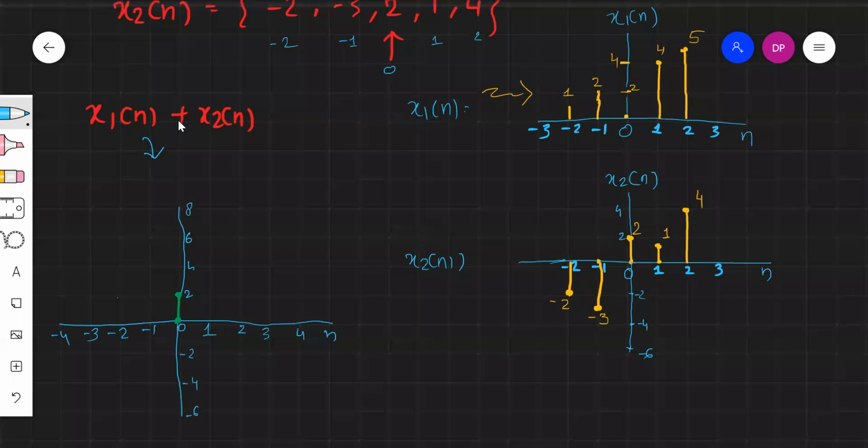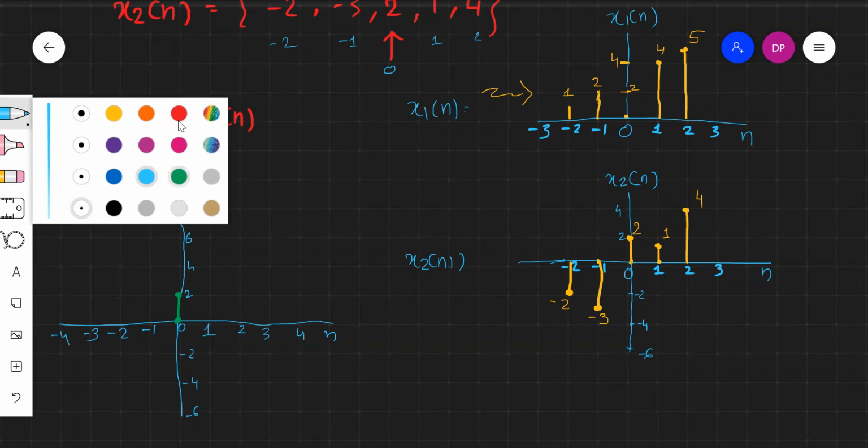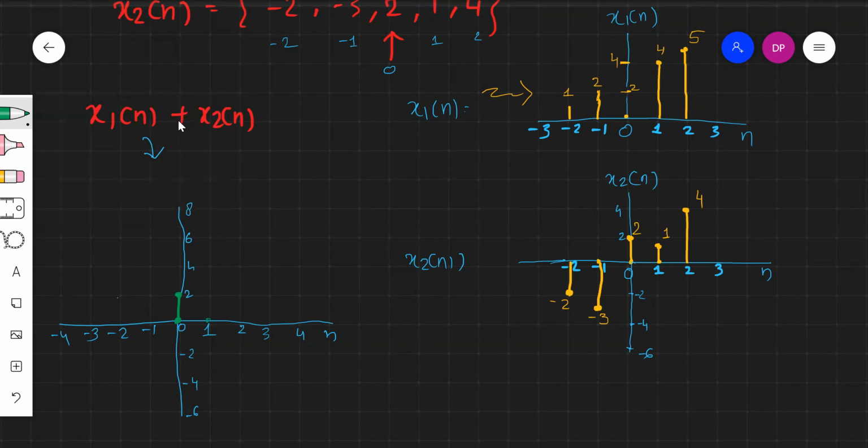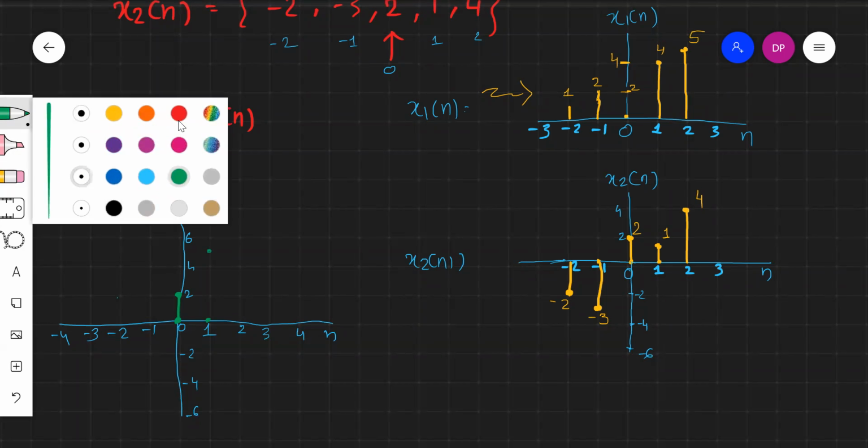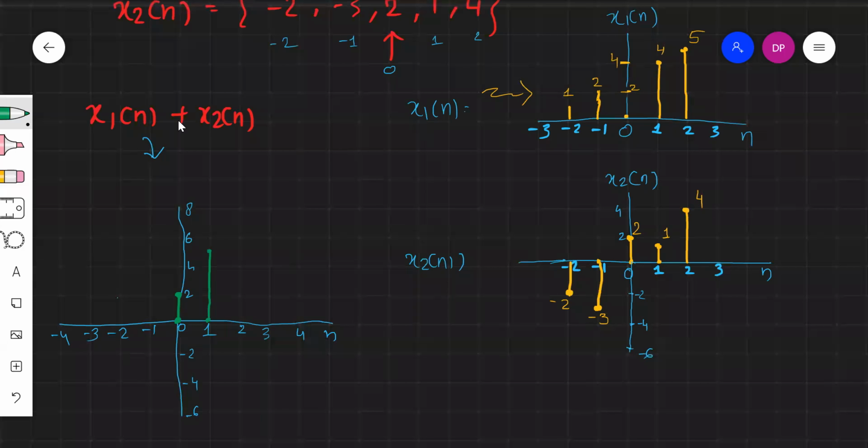Now add the values at the first index: 4 and 1 give 5. At the second index, 5 plus 4 gives 9.